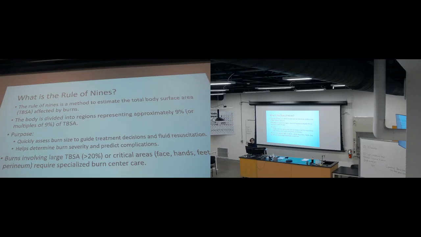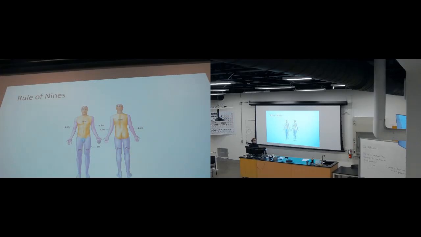So let's look at how the division of the body looks. In the case of the head, the entire head is 9%, 4.5 anterior, 4.5 posterior. The body anteriorly, again, is a multiple of 9. The torso and the abdominal area, 18%, front, back.